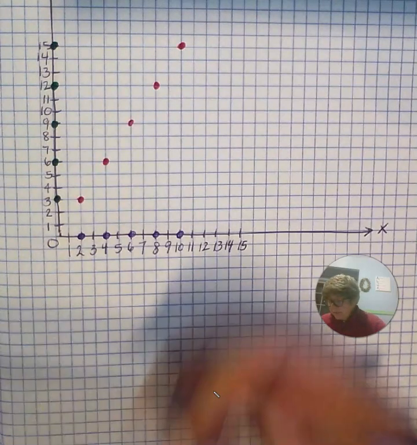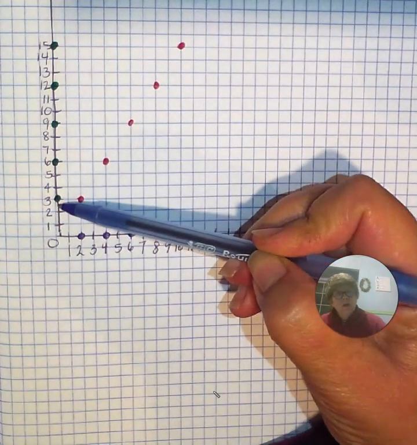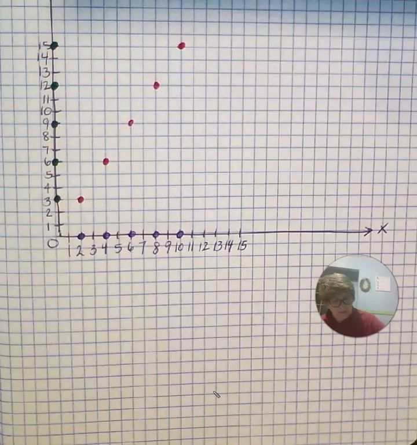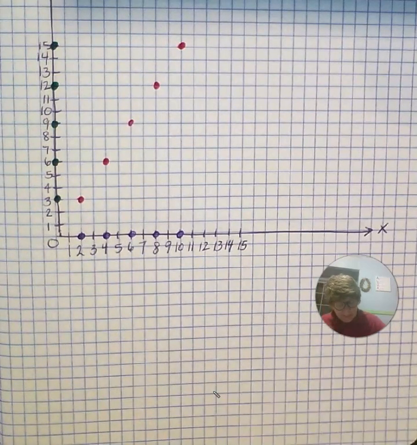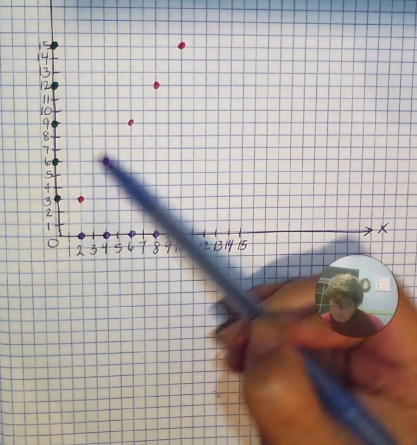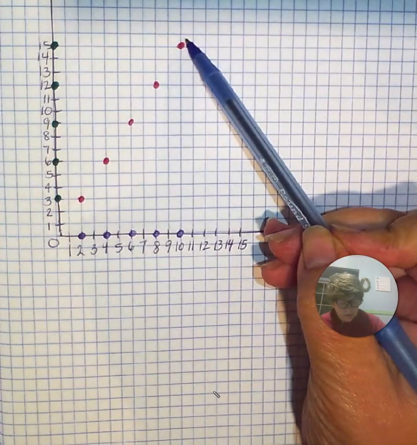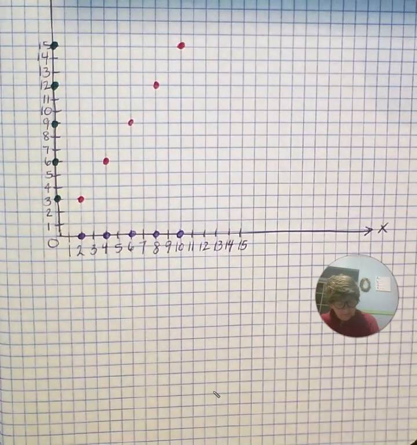Do you see the green points are all on the y-axis, right? And the blue points are all on the x-axis. The red points seem to also be in a line, not on either of the axes, though.